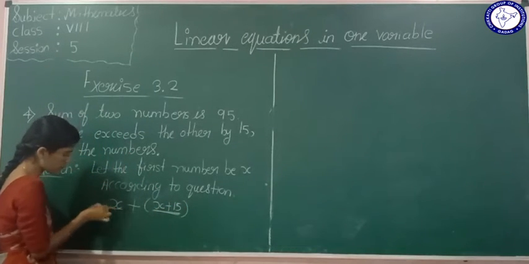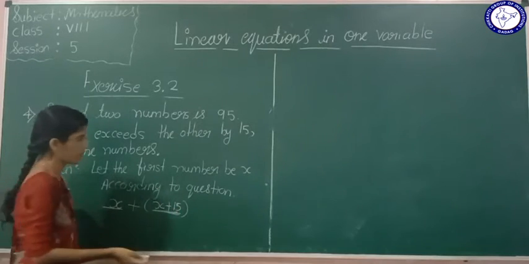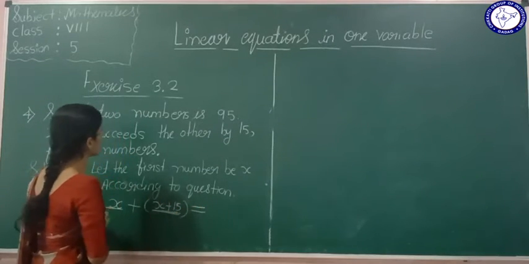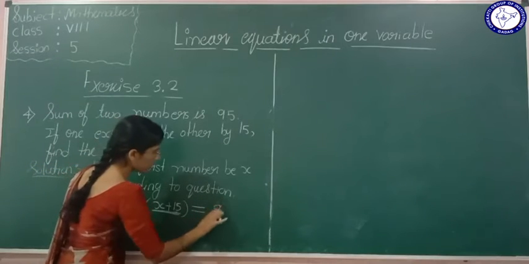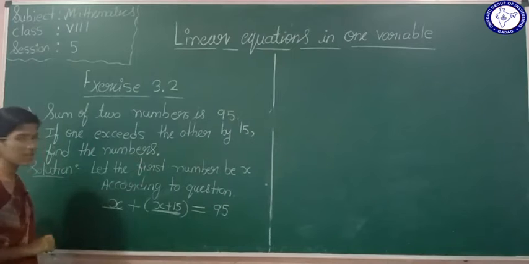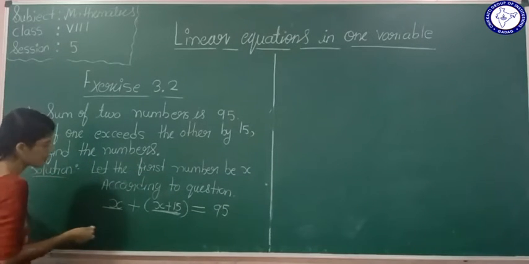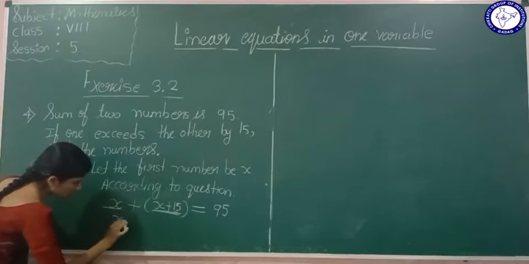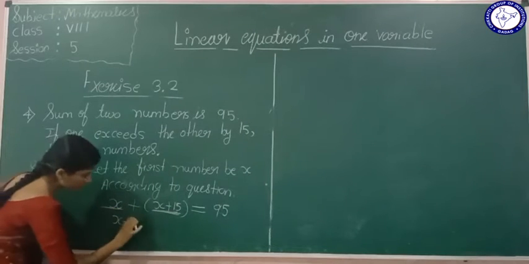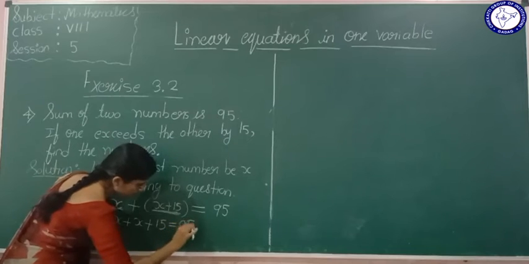If first number is x, the second number will be x plus 15. The sum they have given is equal to what? 95. Now we are going to calculate this. We have to find out which number that is. Now see here, x plus, we will remove the bracket here, is equal to 95.